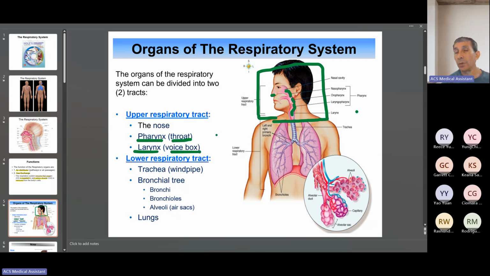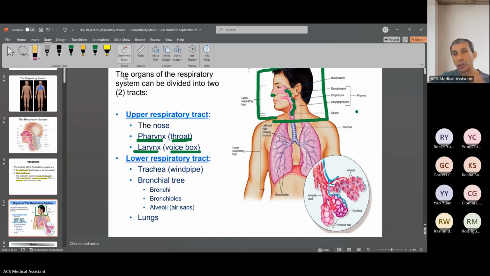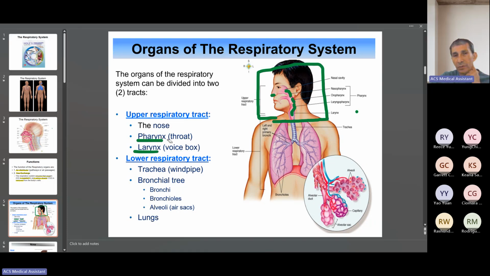The pharynx is known as the throat, but they can invert the question. The throat is also known as the pharynx, and the voice box is known as the larynx. Not the pharynx, the larynx is the voice box. So that's very important. Fortunately, the nose doesn't have any other terms that we have to learn.